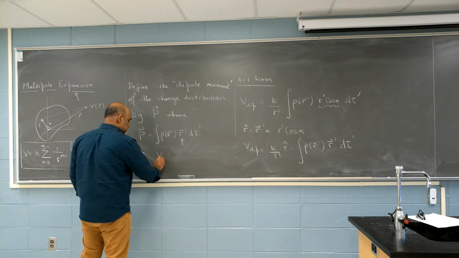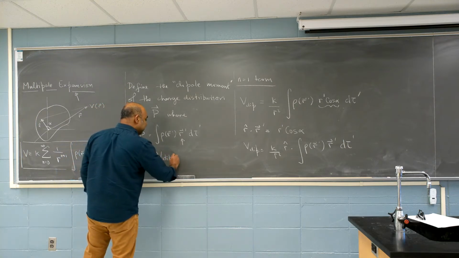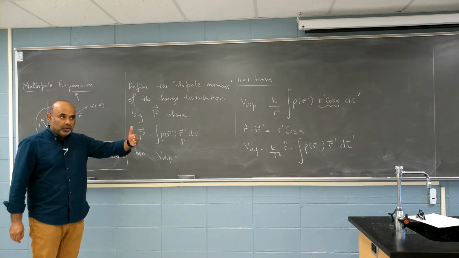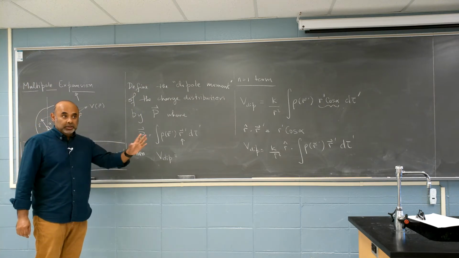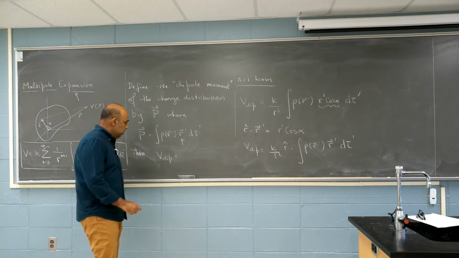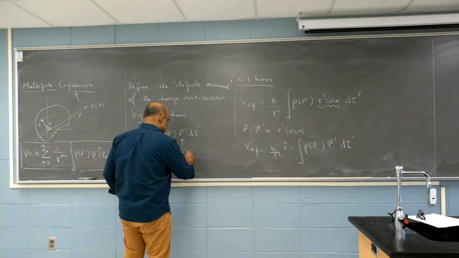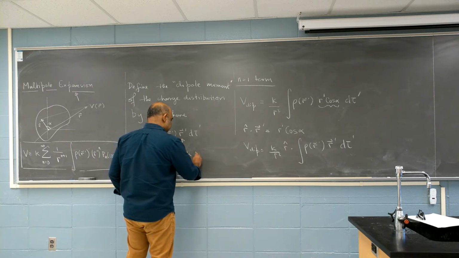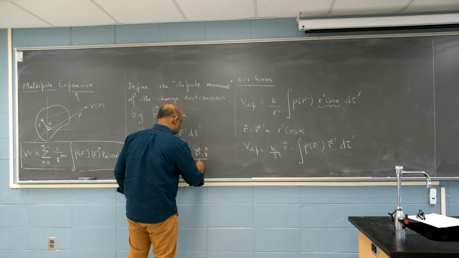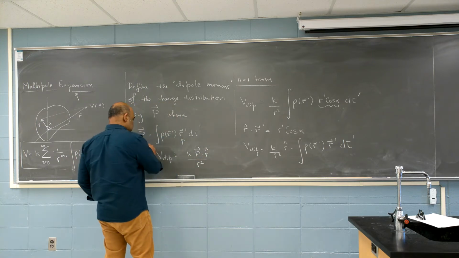Then, if you want to calculate the next level, typically you would hang on to the monopole term. You don't get rid of it, but you just call it the monopole term, and then you hang on to the dipole term as well. K P dot r hat over r squared.